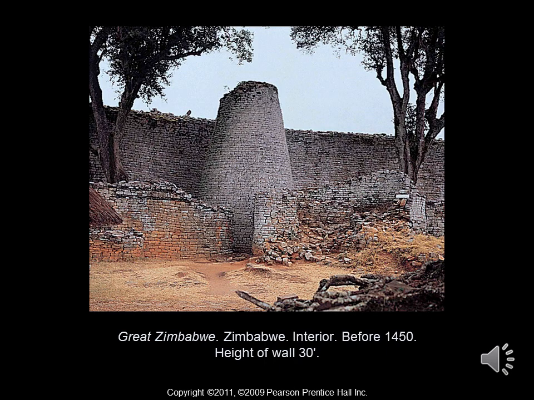So this is the actual Great Zimbabwe from Zimbabwe, Africa. It's the interior of the structure. It's created before 1450. This is a dry masonry structure. There is no mortar between the stones.